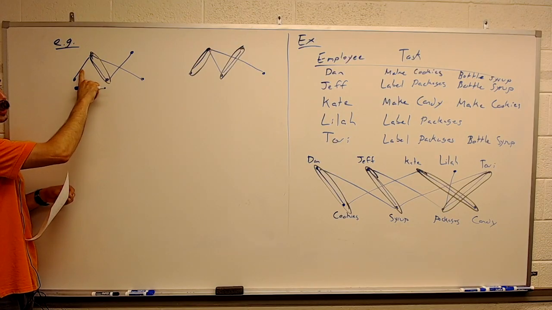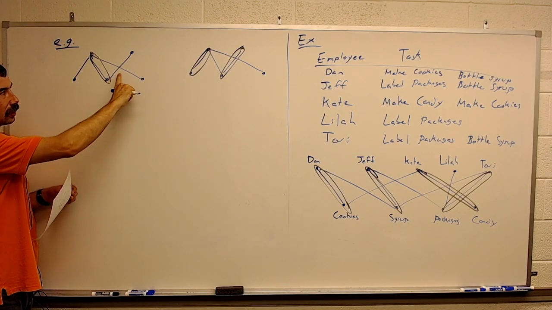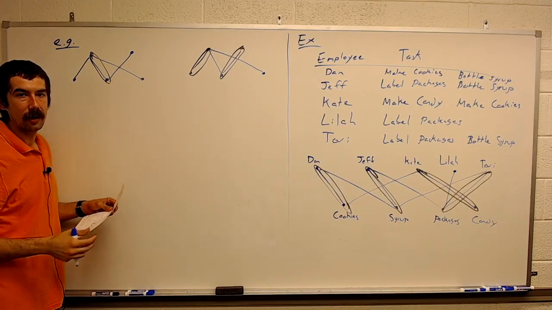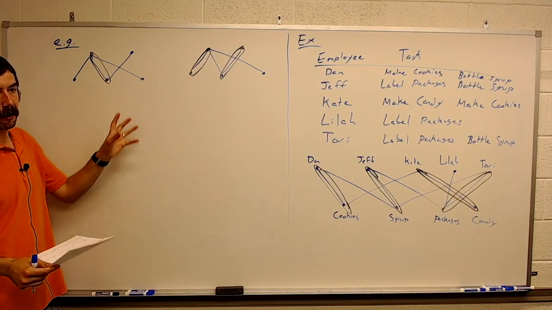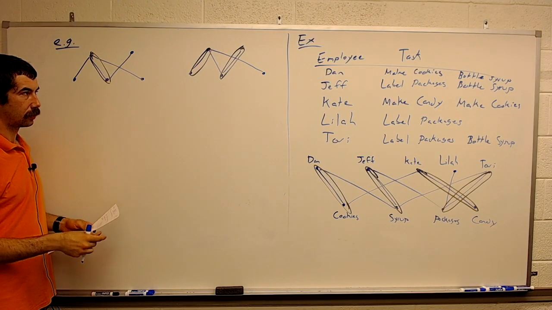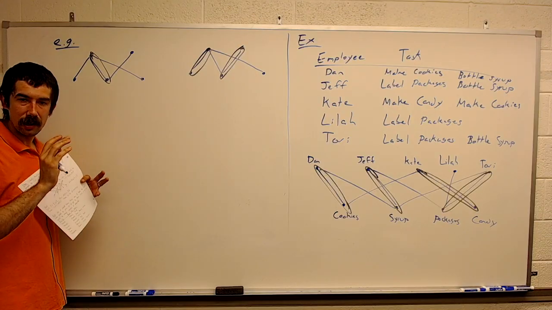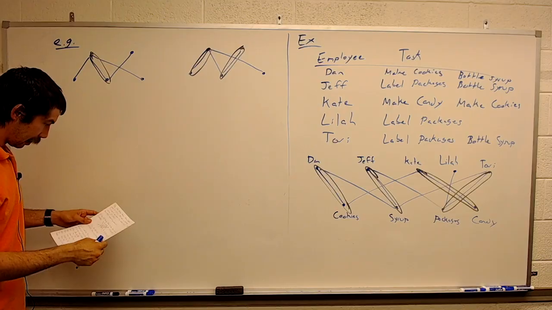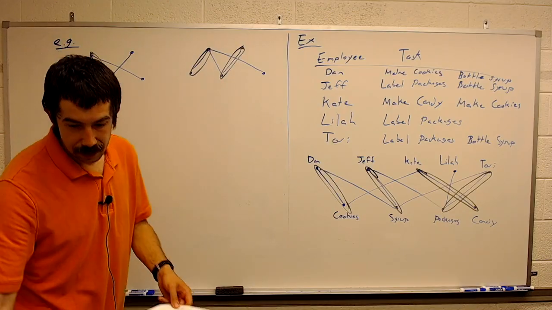So we're going to switch this one to highlighted, unhighlighted, highlighted, and we get this. Okay, so that's how the algorithm is going to work. Basically, we're going to search our graph for these alternating paths, and then we're going to toggle them. All right, so let's state that algorithm.